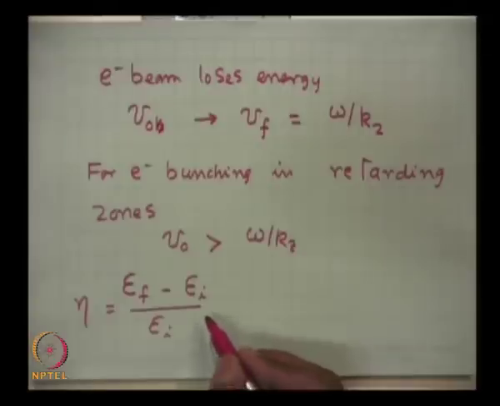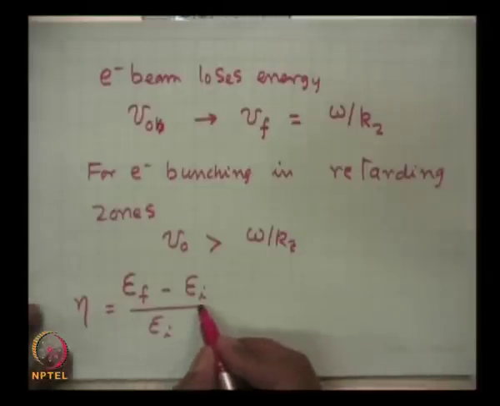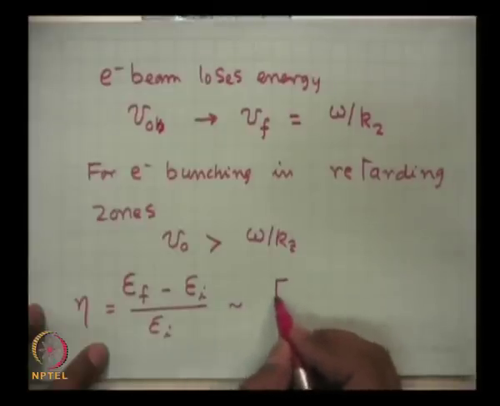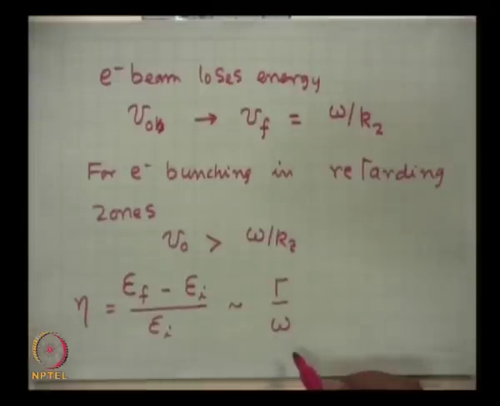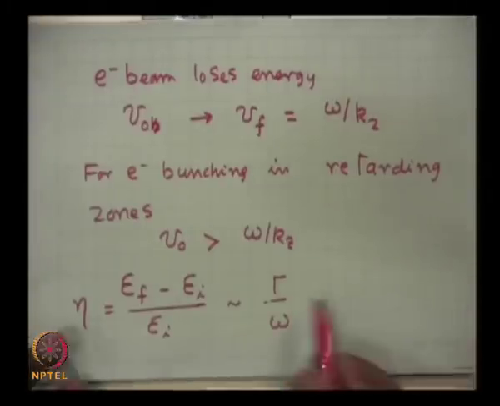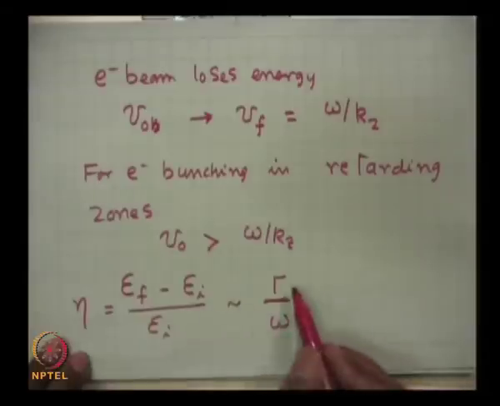So this much fraction of electron energy will go to the wave, and this quantity depends on the growth rate. Typically I would say this is of the order of growth rate upon omega, the frequency of radiation, and this could be of the order of a few percent. So the Cherenkov free electron laser can produce radiation with a reasonable efficiency.